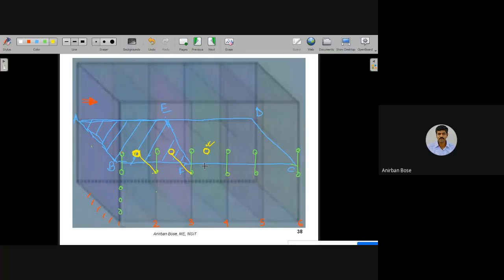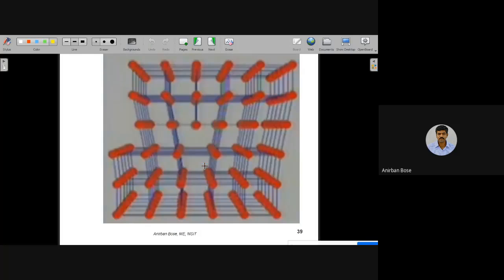Now, if we want to look at this particular situation, what will happen? You will see this kind of picture. Just try to visualize what we have done. Here you can see in the perpendicular direction, other atoms have also been shown and their bonds have been shown. And when you cut and then give a push, you will find that this set of atoms will try to make a bond with this one.